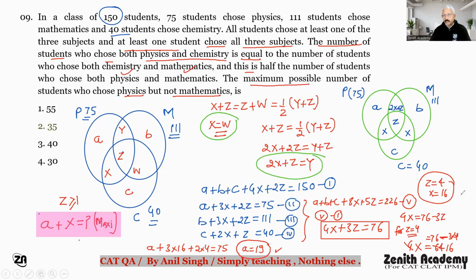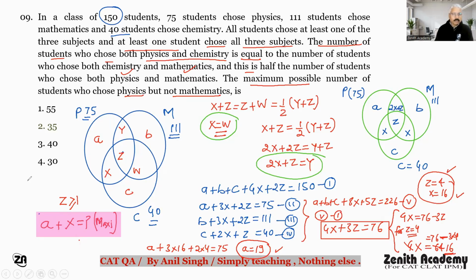So it is a, this is z, it is x, right? The minimum value of z will be 4, and for z is equal to 4, we calculated from here that x is 16, and for the z and x values, when we put in equation number 2, then we get the value of a as 19.